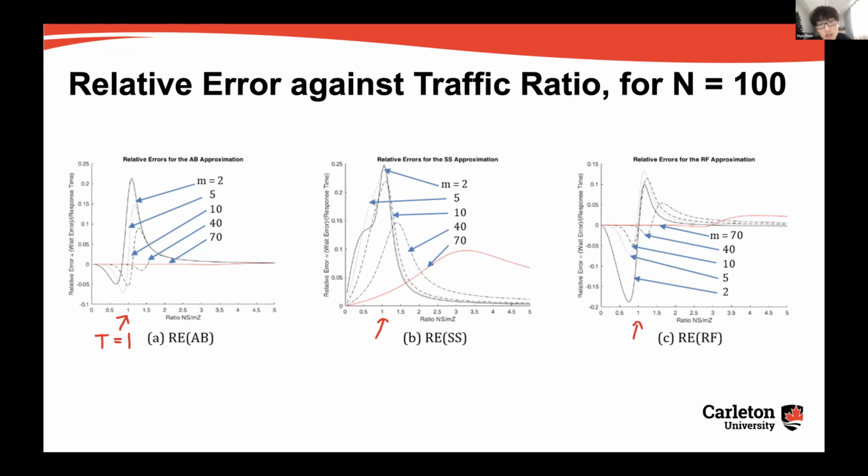In AB and SS, the errors converge towards zero as t increases. For RF with M equals 70, the error increases above t equals 3 and takes a value of about 2%. It's notable that in most cases, AB and SS tend to overestimate the waiting time, which gives positive error, while RF tends to underestimate it.